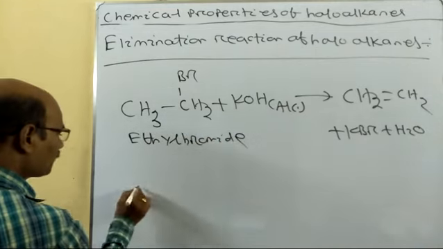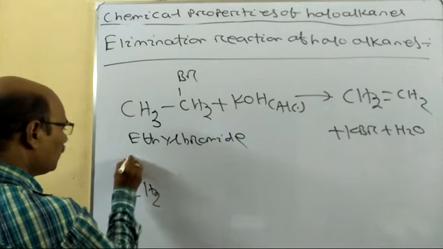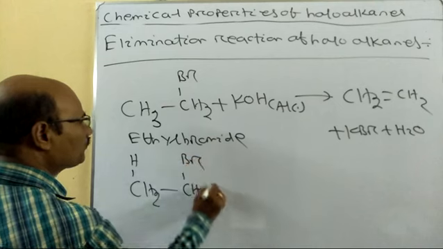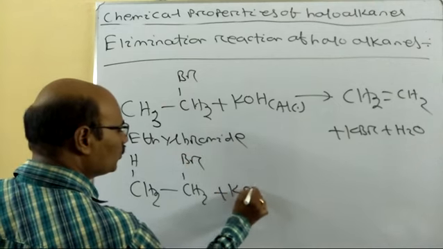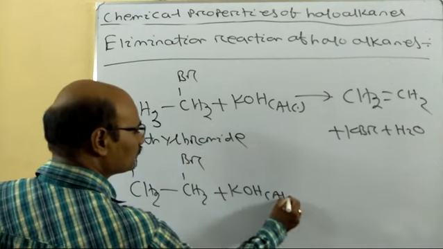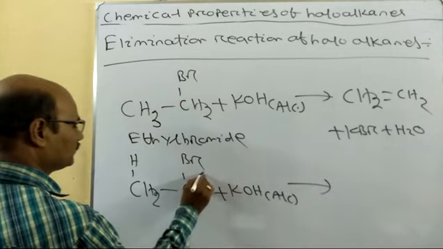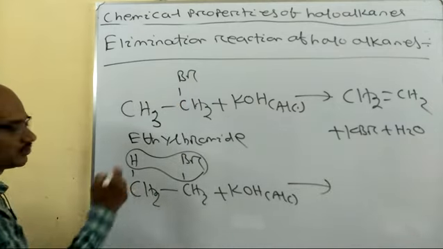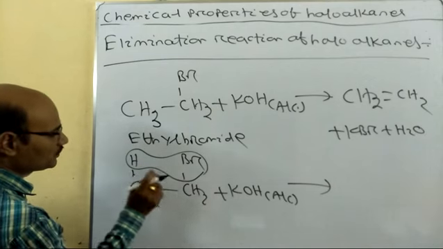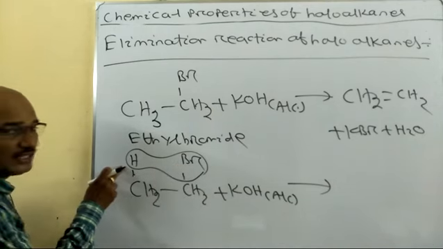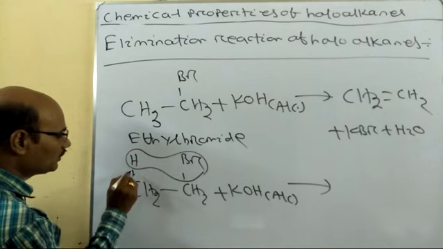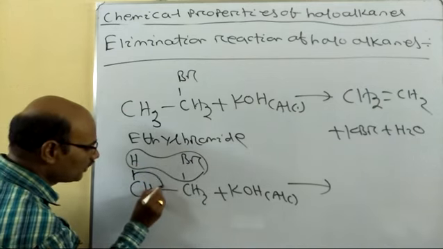If I write CH3CH2Br plus alcoholic KOH, this is Br minus and H plus, so this is the atom and this is the atom. Two atoms are removed as a molecule, and now the bond forms at this place.